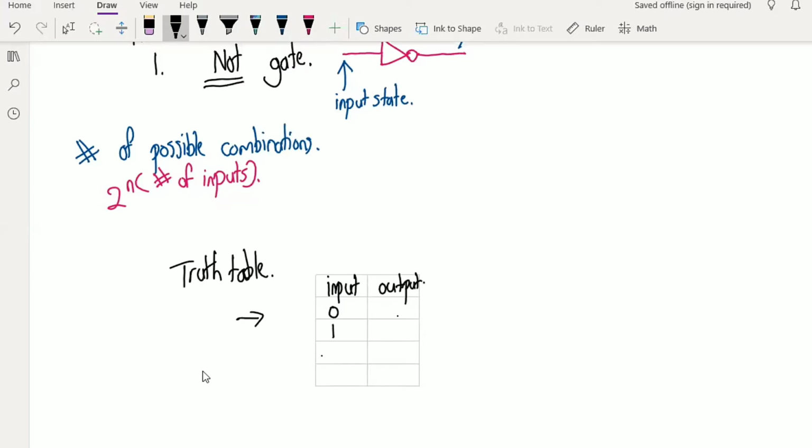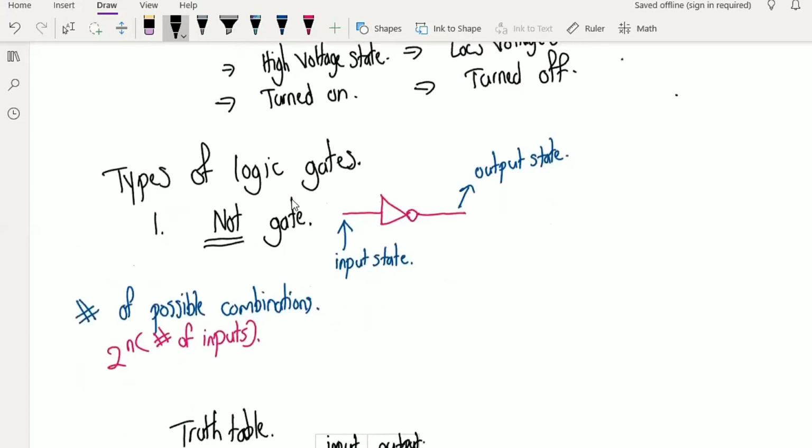So what's the output in this case? If it's 0 here, then it's not going to be 0, it's going to be 1. If it's 1 here, it's not going to be 1 in the output, it's going to be 0. All right, and that's a truth table that we would have for the NOT gate.